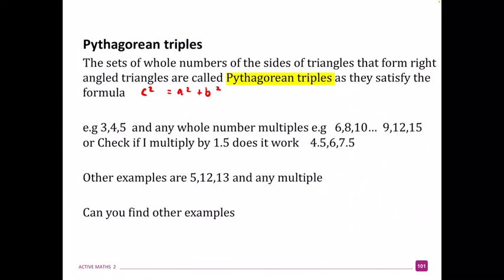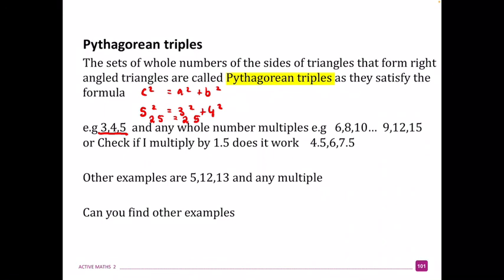These numbers are Pythagorean triples because they satisfy Pythagoras' theorem. If I substitute these values into Pythagoras' theorem, the left-hand side equals the right-hand side. Can you think of any other examples?